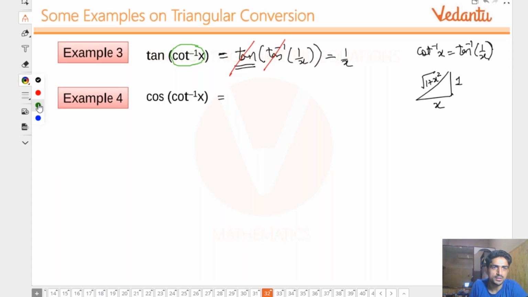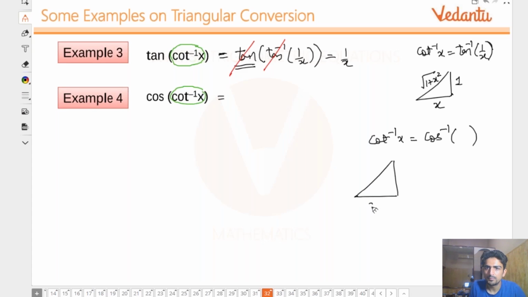Coming to second question. I would clearly wish that we have cos inverse here. Because if we have cos inverse here, cos inverse cos will get cancelled. So I would like to convert cot inverse x into cos inverse. So I'll make a triangle, base, perpendicular. So hypotenuse is this. So what is cos inverse?